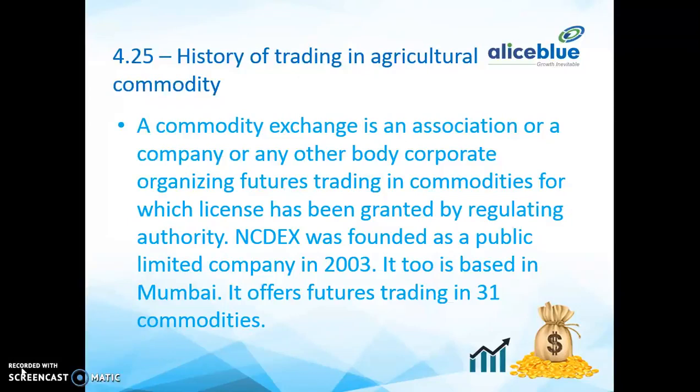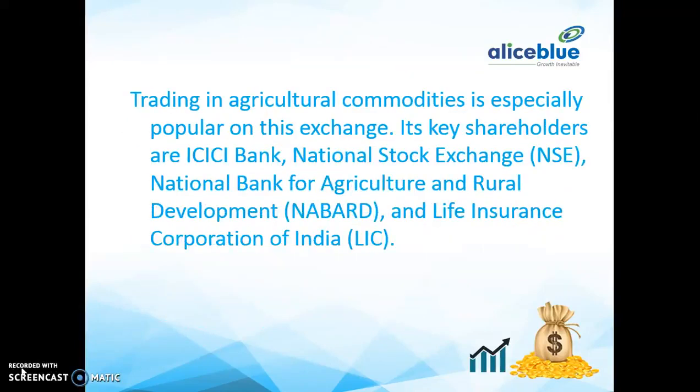It too is based in Mumbai. It offers futures trading in 31 commodities. Trading in agricultural commodities is especially popular on this exchange. Its key shareholders are ICICI Bank, National Stock Exchange, National Bank for Agriculture and Rural Development, and Life Insurance Corporation of India.